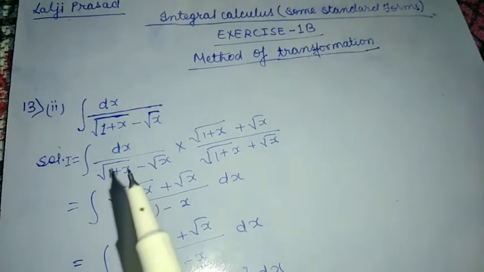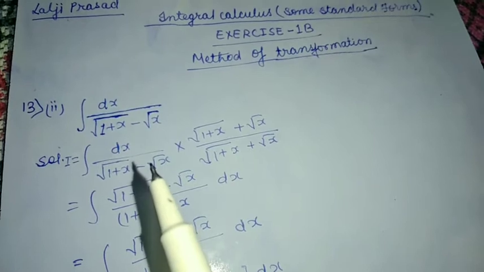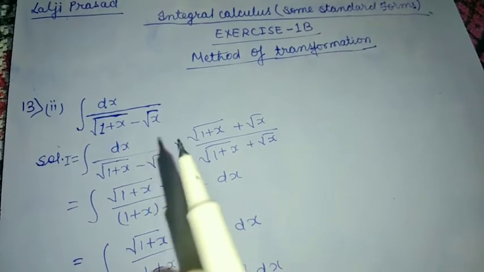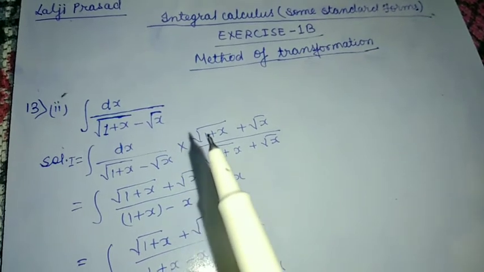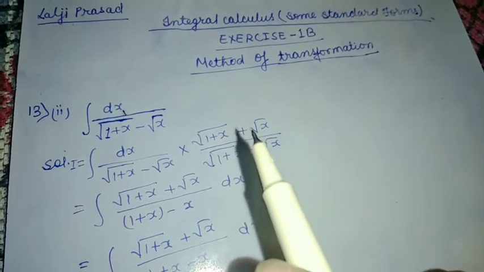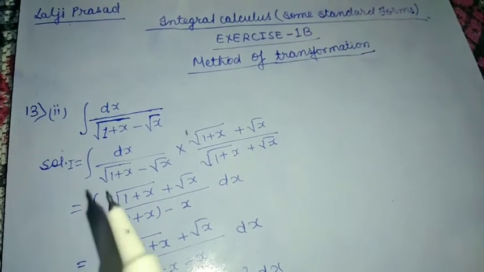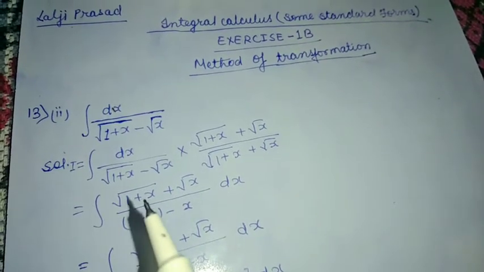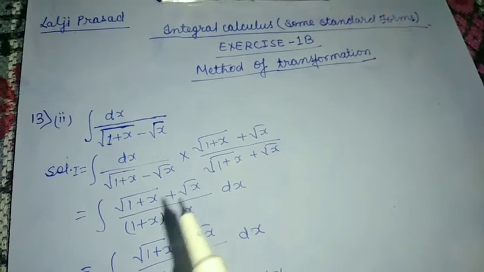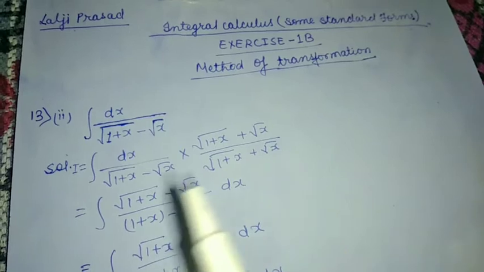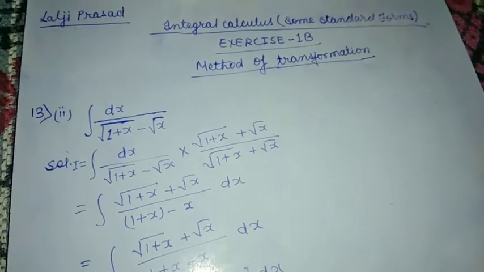For rationalizing the denominator we have to multiply both numerator and denominator by this term, which is square root of 1 plus x plus square root of x. So in the next step you can see we have written integration of square root of 1 plus x plus square root of x upon 1 plus x minus x into dx.